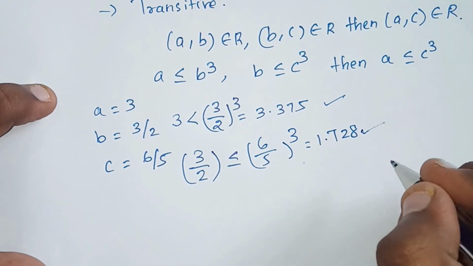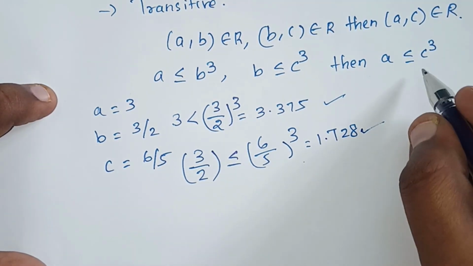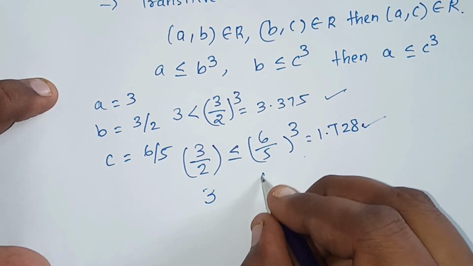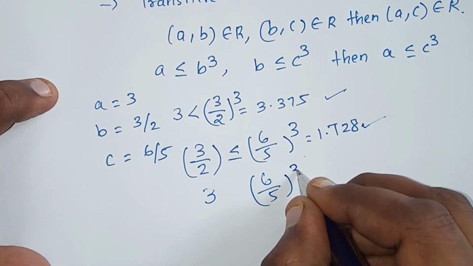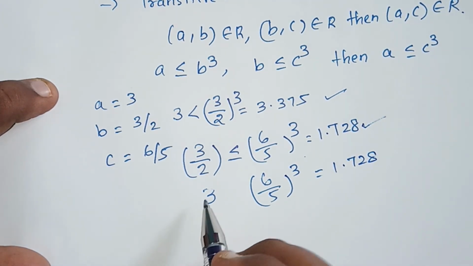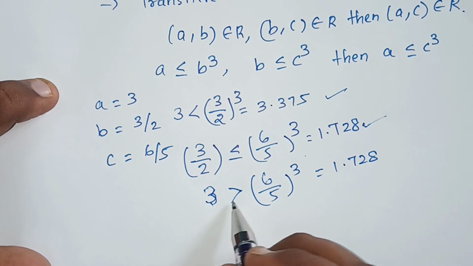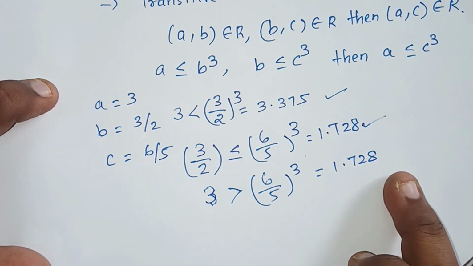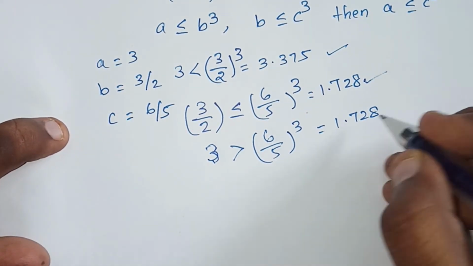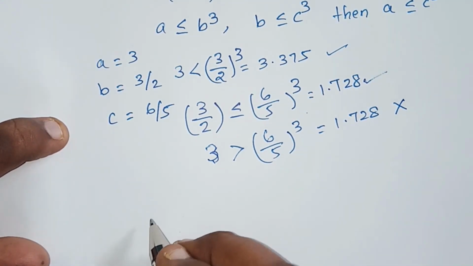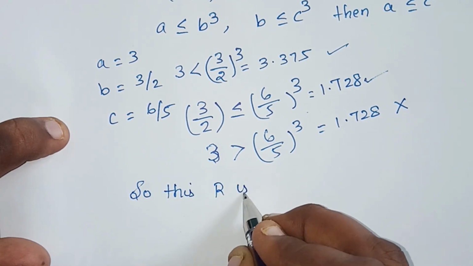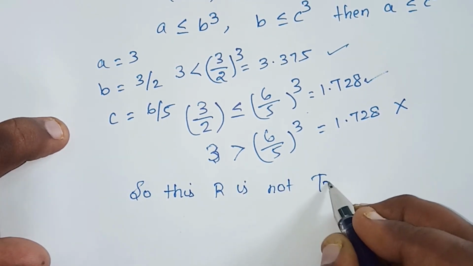So this condition is also satisfied. Next, A should be less than or equal to C cube. A is 3. C cube is 6 by 5 the whole cube, 1.728, but 3 is higher. So 3 is not less than or equal to 1.728. It is greater than 1.728. So this condition is not satisfied. So this relation is not transitive.